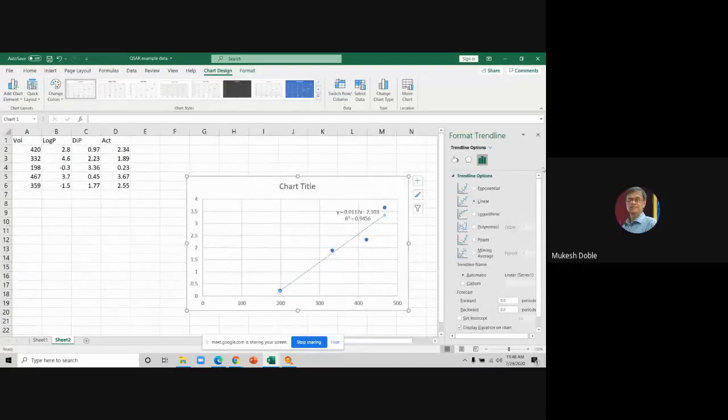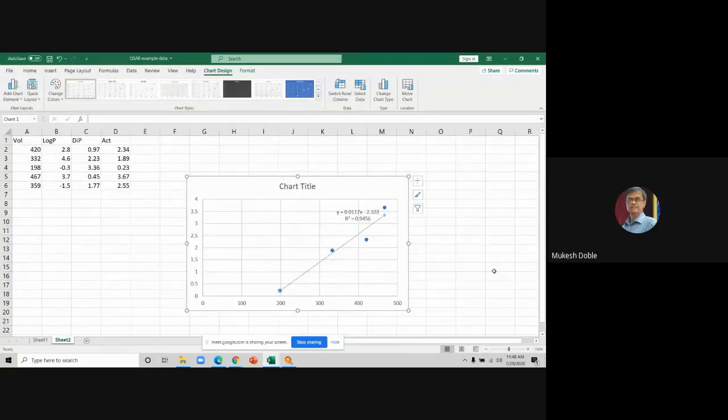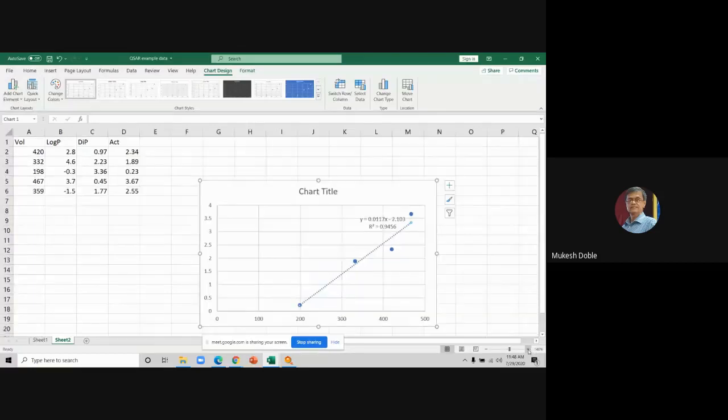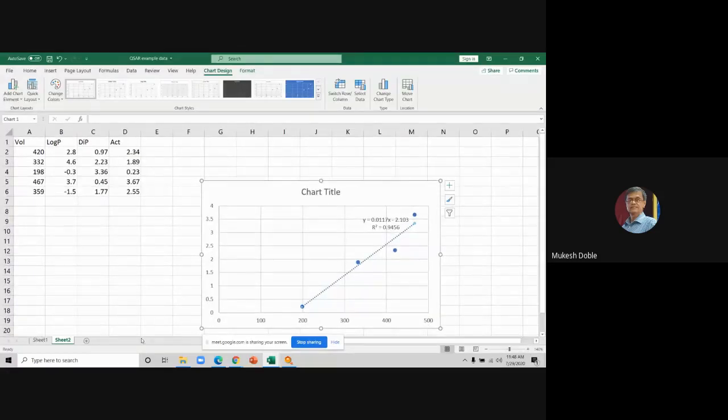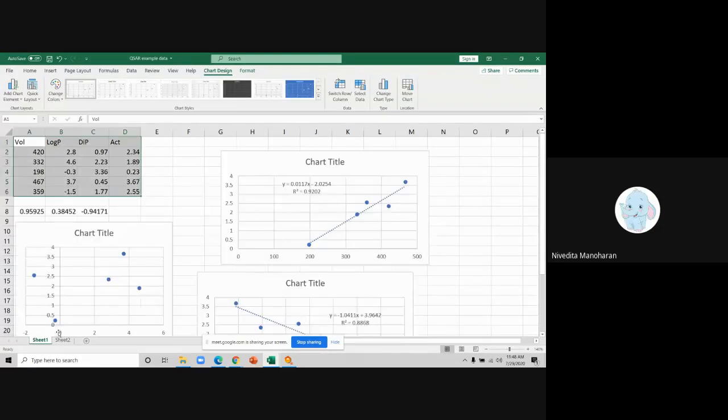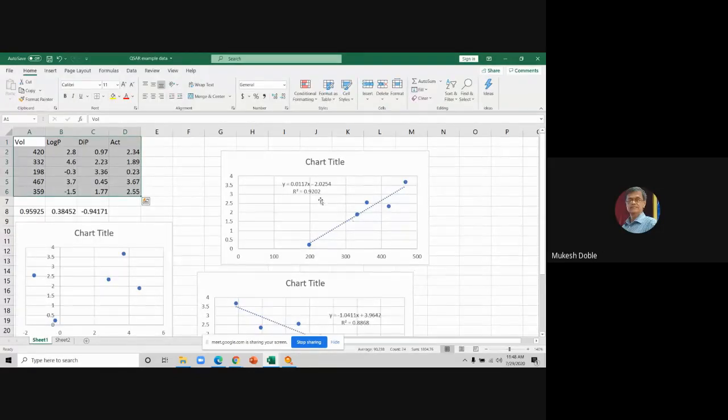See this? There will be a slight difference between this model and the other model where I took all the 5 points. Look at this. This has got plus 0.0117, minus 2.103, whereas the other one has 0.0117, minus 2.0254.